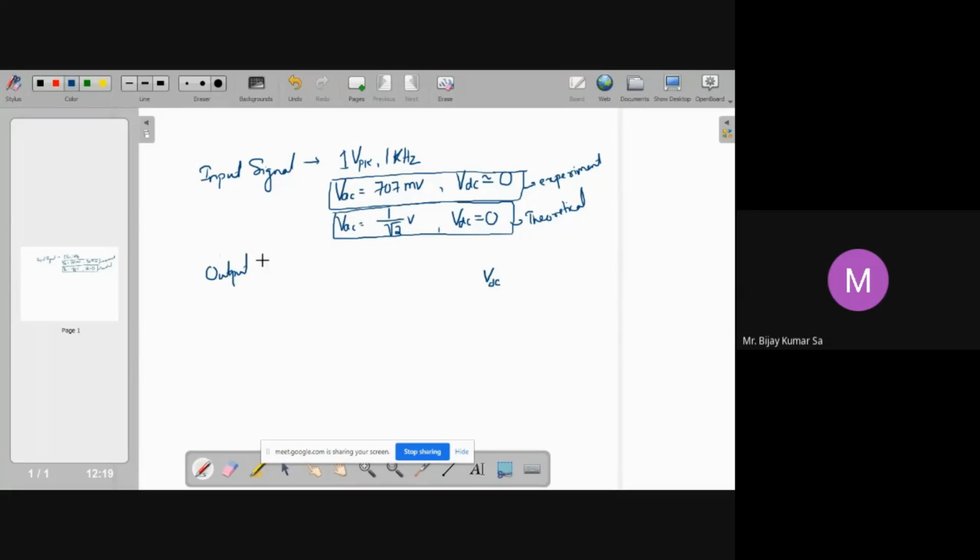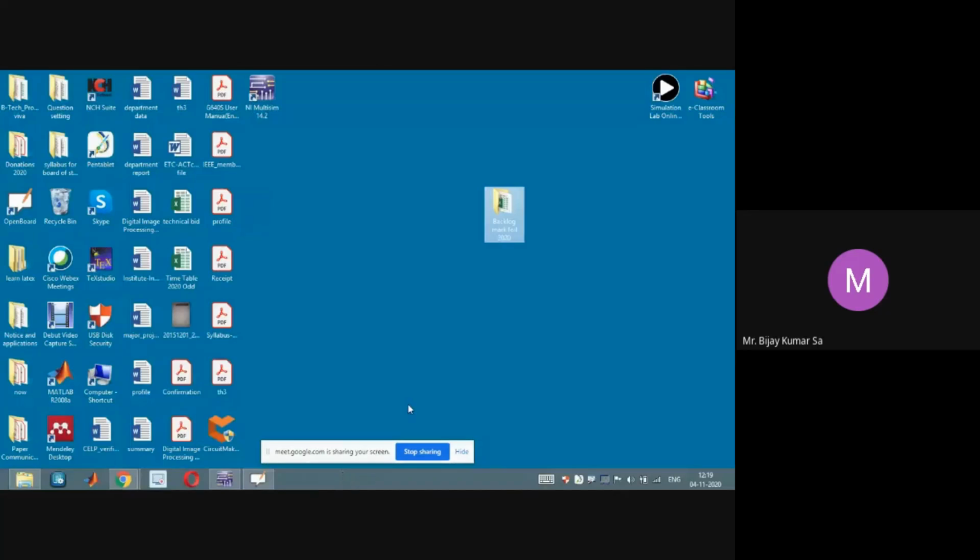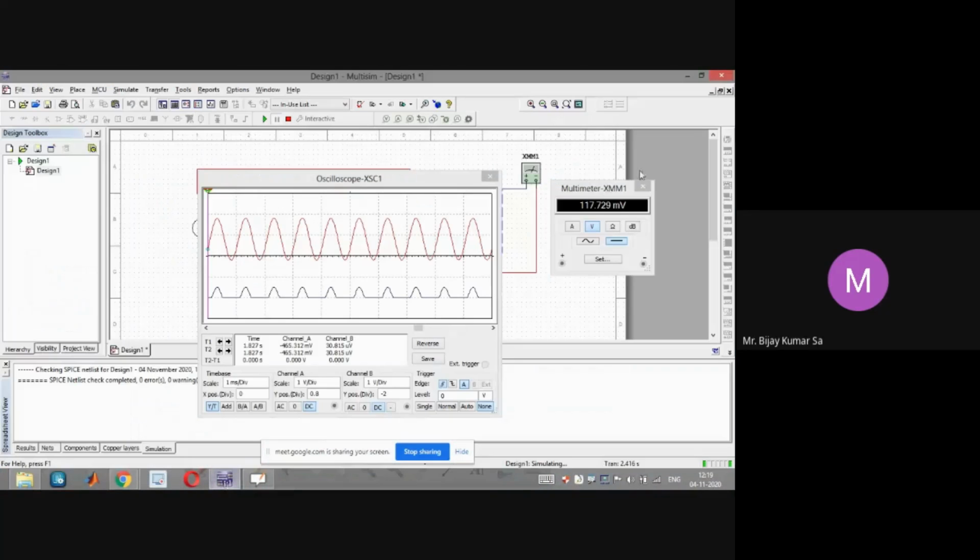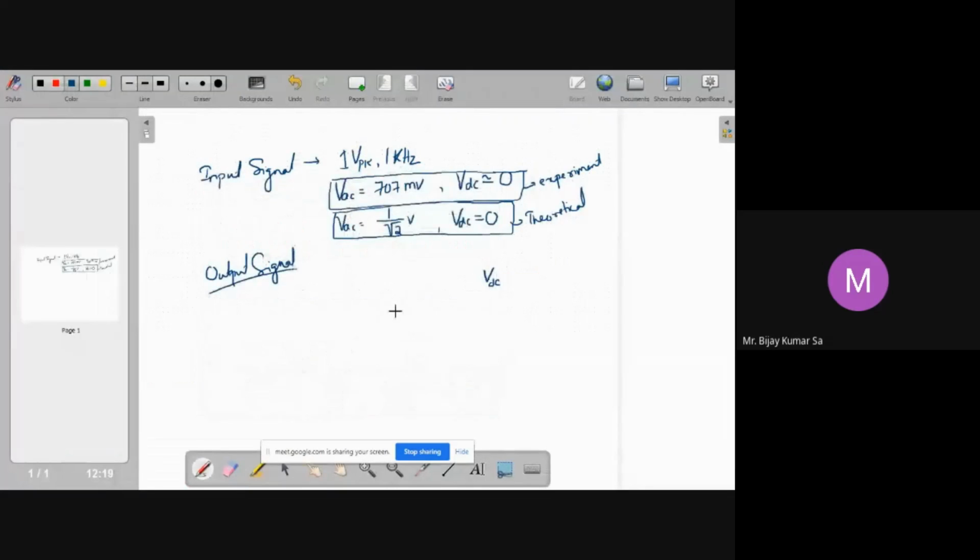For the output signal, that is our rectified signal, the VDC is coming out as how much? 117, I think. 117.729 millivolt.